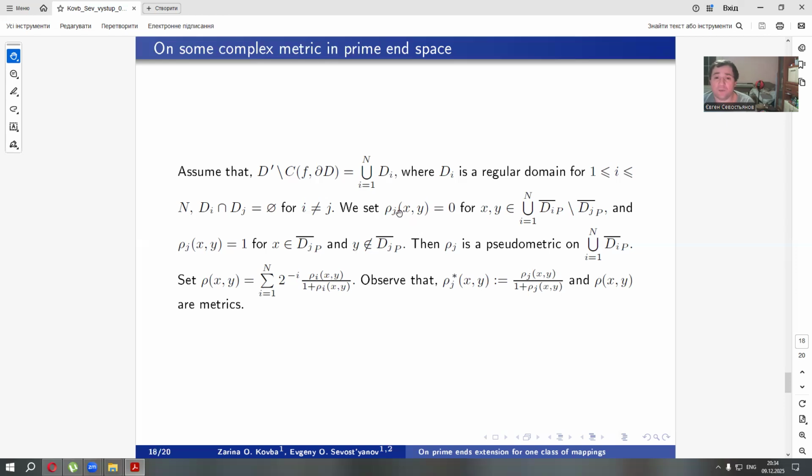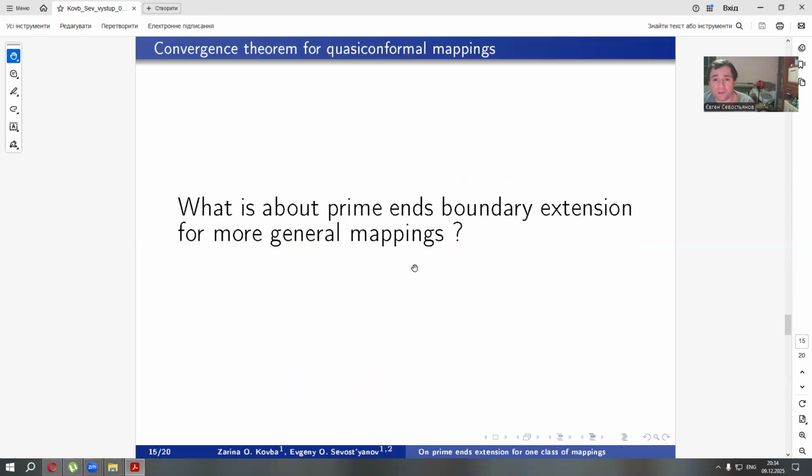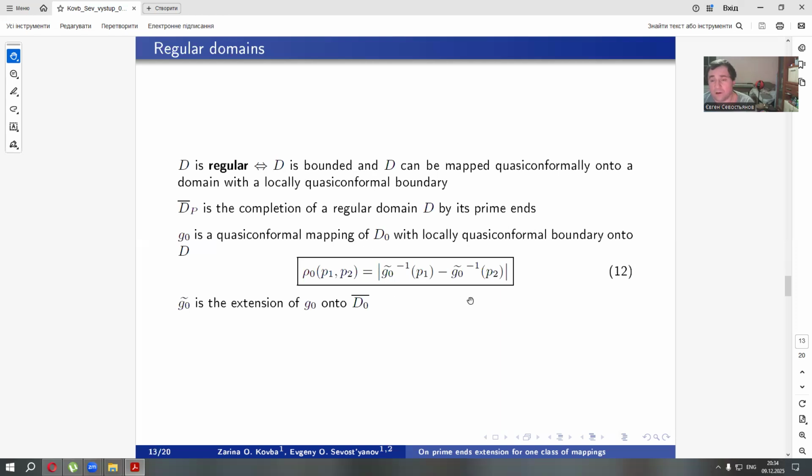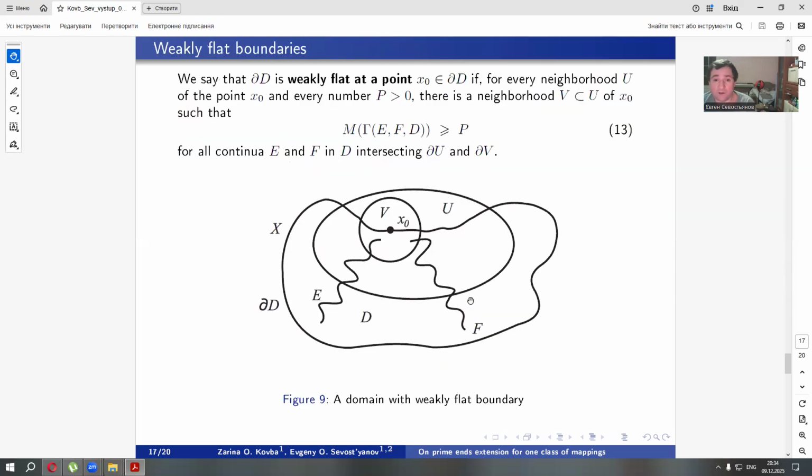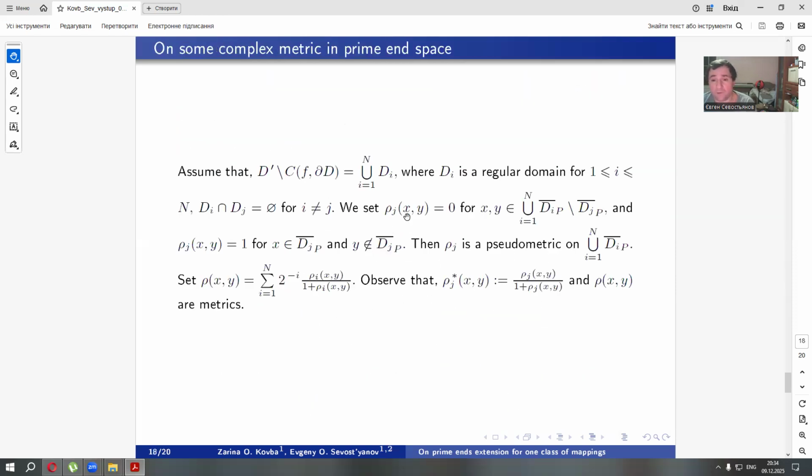So rho_g is a metric which is defined here for a domain D_g, where we take x and y from D_g and use the metric defined as above. But if x and y do not belong to D_g prime, or in the other situation, one point belongs but the other does not, then this metric rho_g equals 0 or 1 respectively.